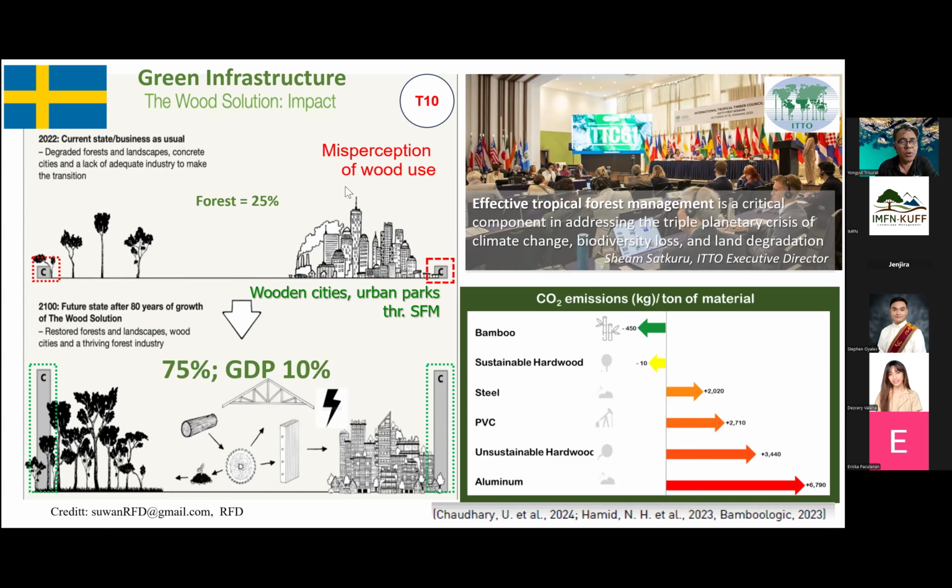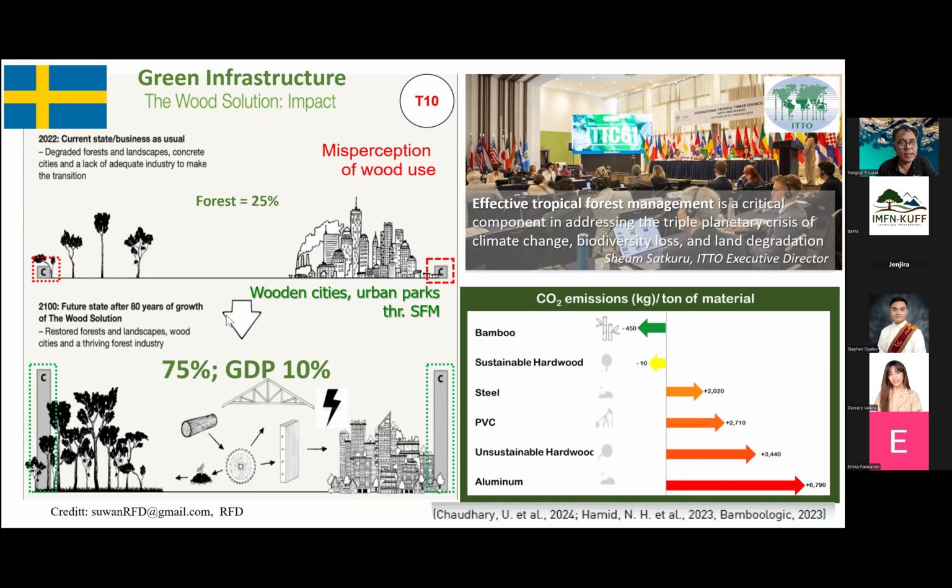During that time, most of the Finnish population used either metals or other materials for construction. You can see the simplicity of the building. It means that the carbon storage in the construction is very low. At the same time, the demand for wood was also low because people had a long perception of using substitute materials. So the forest cover was very high.